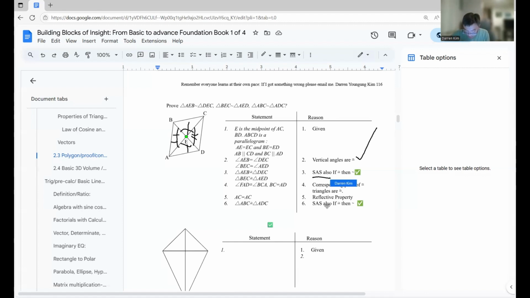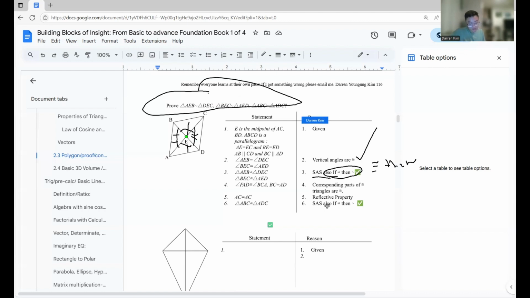Anyways, SAS also means this. So congruent, then this. I didn't explain this, but if it's congruent, it's obviously similar. And for some reason, I chose to be similar, and I was stubborn about it. I just didn't want to change that, so I decided to leave it in, and now I'm suffering through it.